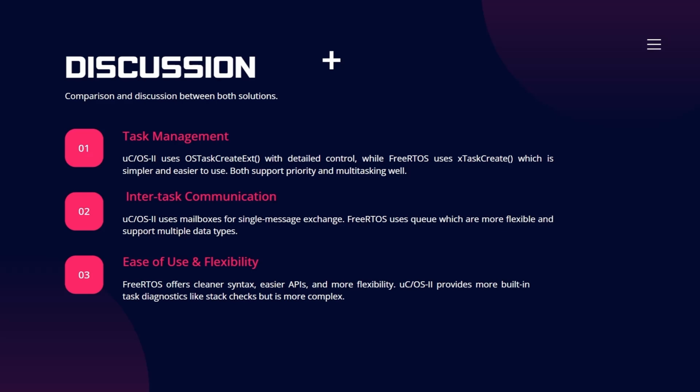However, FreeRTOS uses queues, which are more flexible and support multiple data types compared to Micro C/OS-II. Thirdly is the ease of use and flexibility between FreeRTOS and Micro C/OS-II. FreeRTOS offers simpler syntax, an easier API, and is more flexible to use compared with Micro C/OS-II. However, Micro C/OS-II also provides more built-in task diagnostics, like stack check, but it is more complex compared to FreeRTOS. So that will be the end of our presentation.